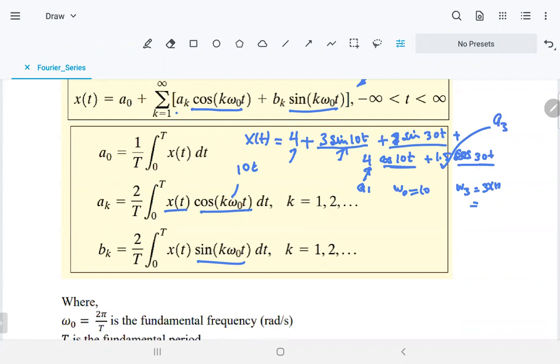It means k is equal to 3. You still have k here also. And for sine 10t, when you look at sine, you have B. This is your first component, that's omega naught. So that's the first one, B1. And 30 will be 3 omega naught, the third harmonic, so that will be B3.